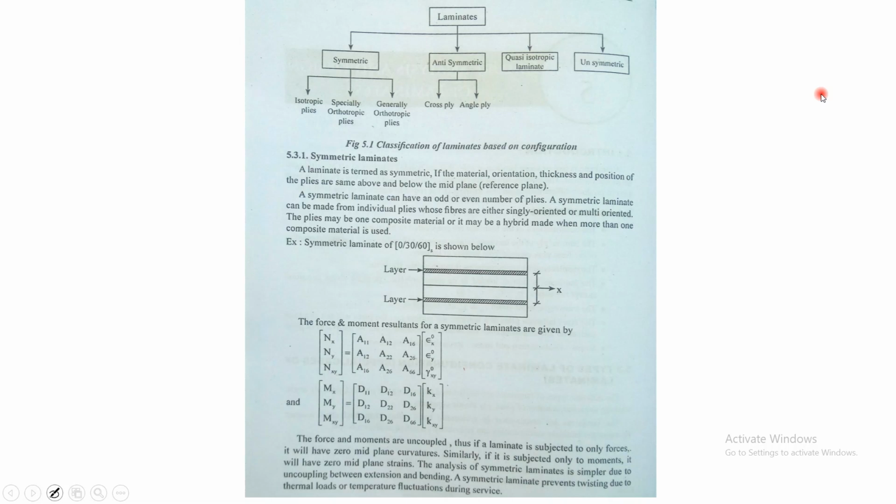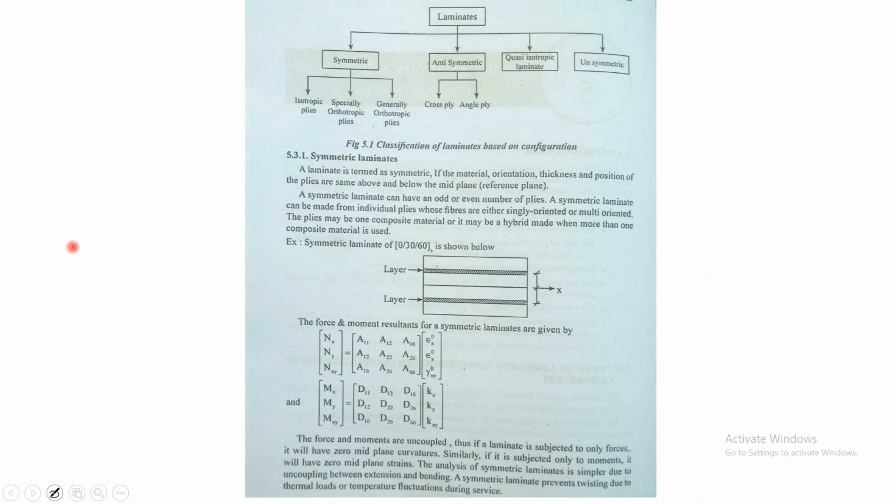In your syllabus, we have the symmetric laminates, and as I said in the previous theory, symmetric laminates are defined about the mid plane. If the lamina orientation, material, and thickness are the same above and below the mid plane, then we can call that a symmetric laminate.